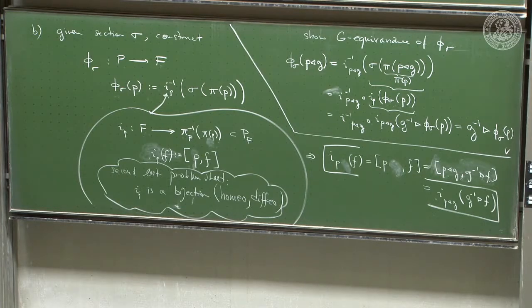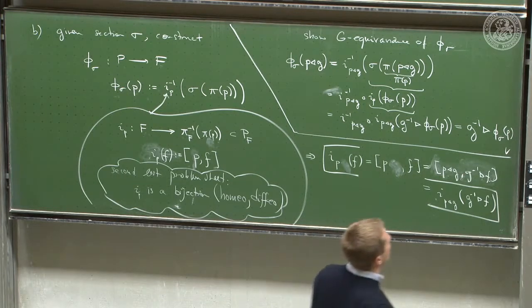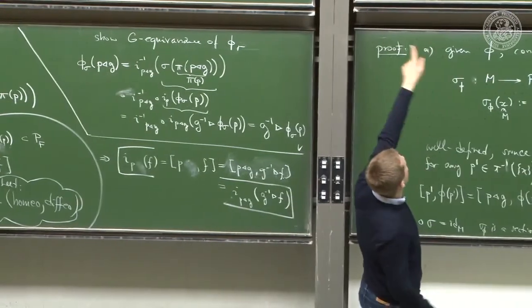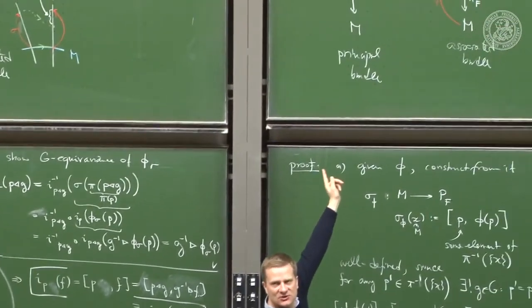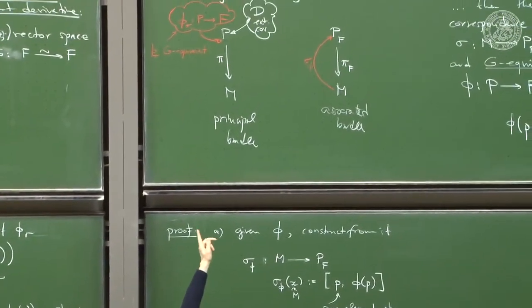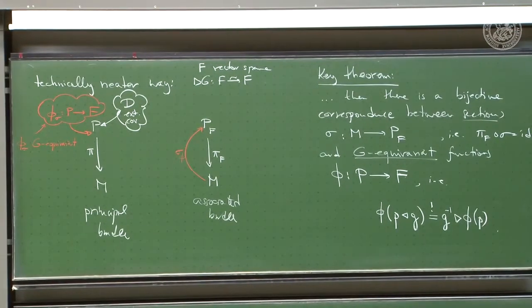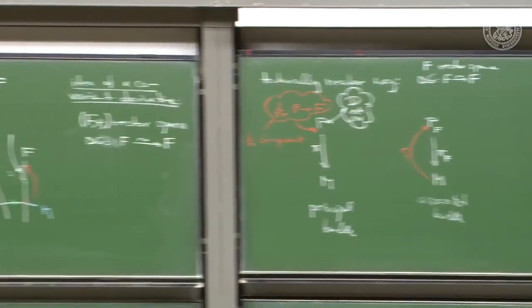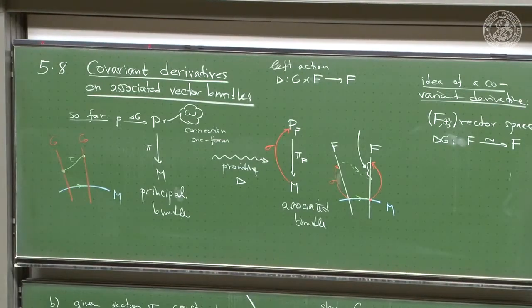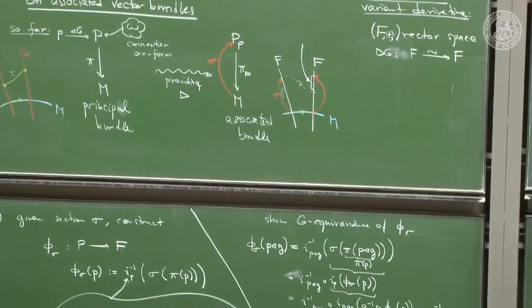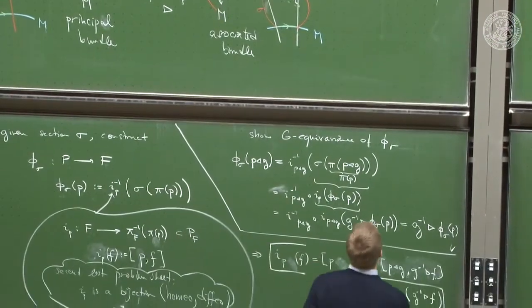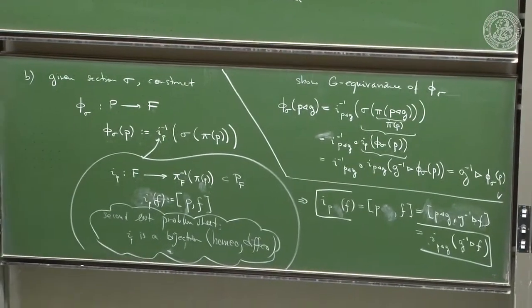I could have constructed the zero-valued function, which is certainly G-equivariant, and the zero section, because I have a vector space. But I would of course lose all the information. So the next step is to check whether we can recover the object we started from by going back and forth.